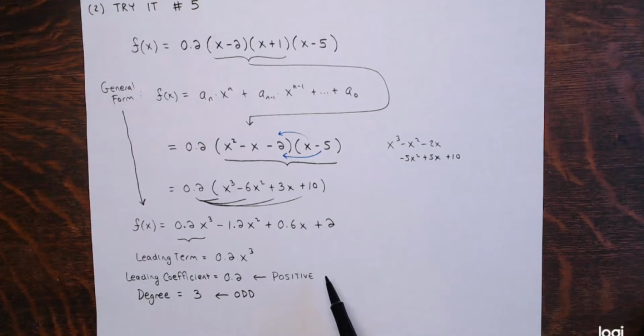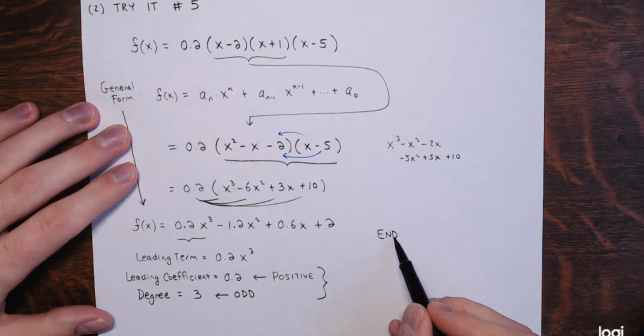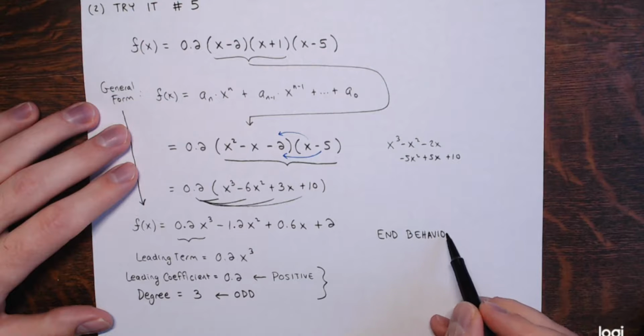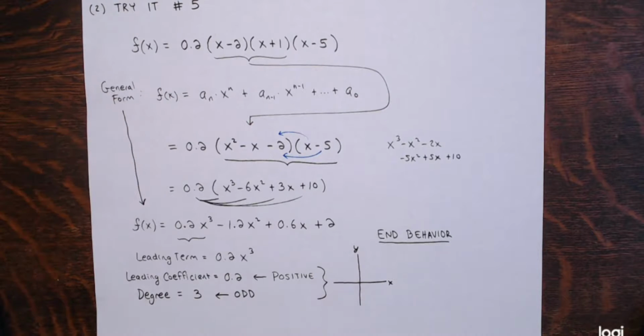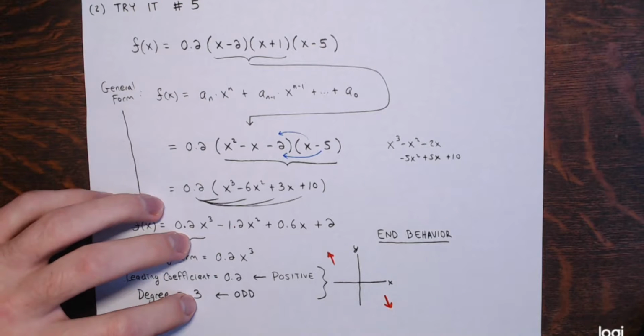So putting this together, we can talk about the end behavior of this function. It'll look like this. And it's going to be going up to the left and down to the right, when you go to the far left and far right.